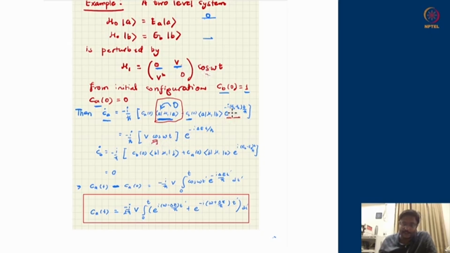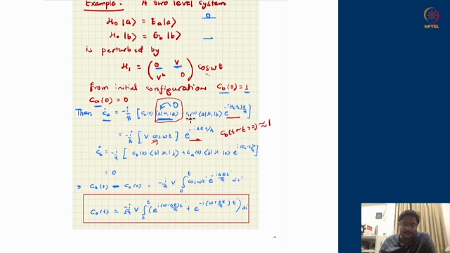The exponential is e to the power minus energy gap t by h bar, which is this. And then Cb was supposed to come up. Since I am looking at Ca dot very close to the initial time, I should approximately put Cb at a time just slightly away from 0. This can be approximated as 1.